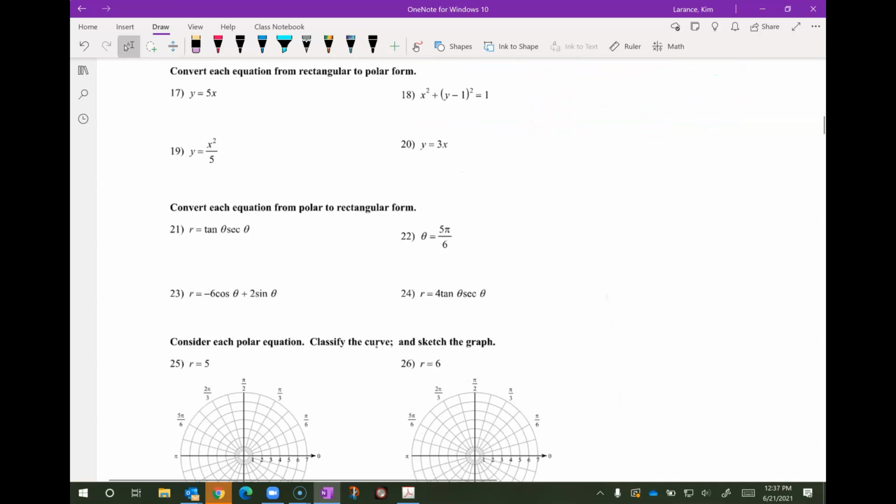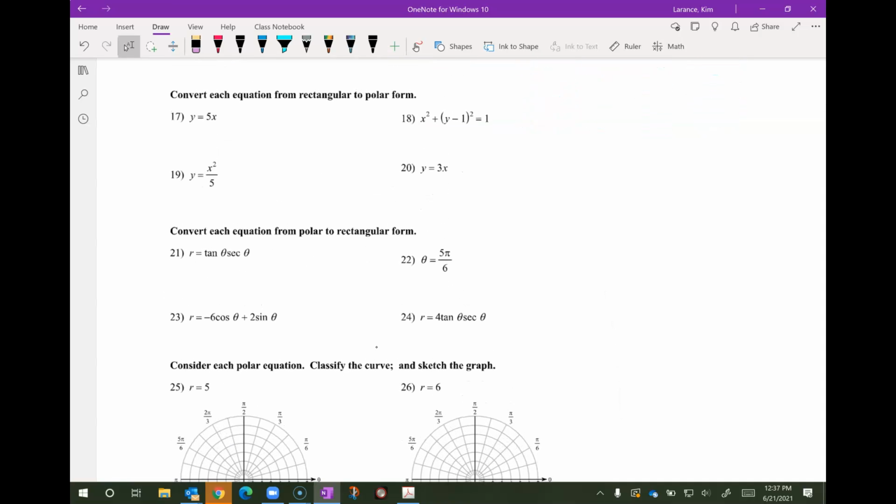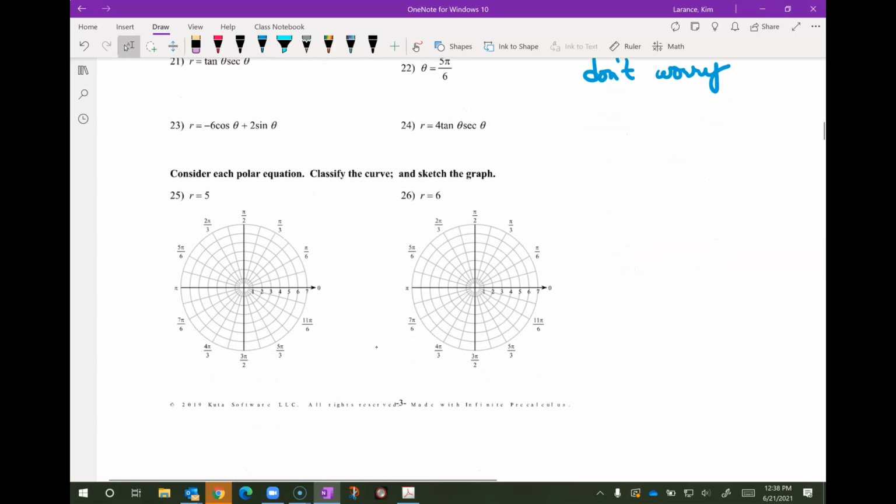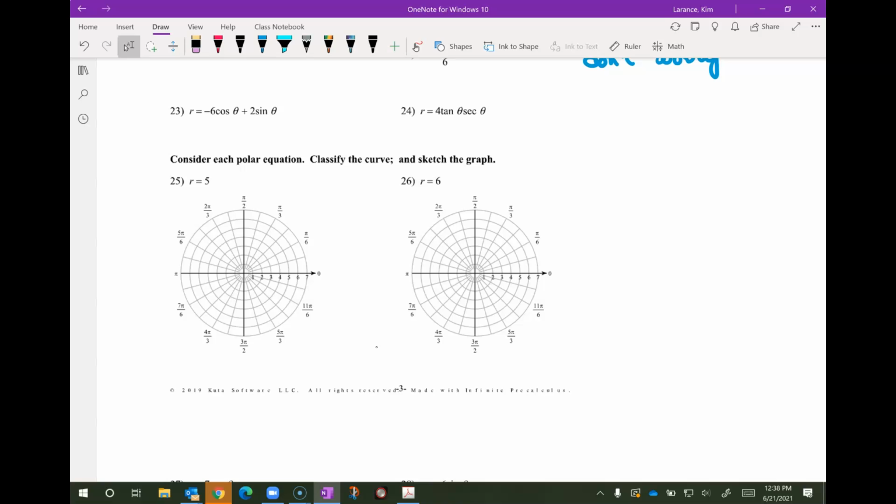Over here, going from polar to rectangular, these are kind of tricky, and I'm not as worried about you doing them. If you want to play around with them, the answers are there, so I'm going to say don't worry about these either.